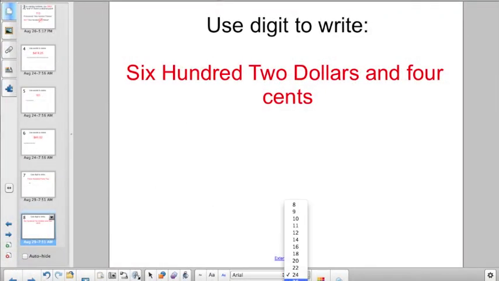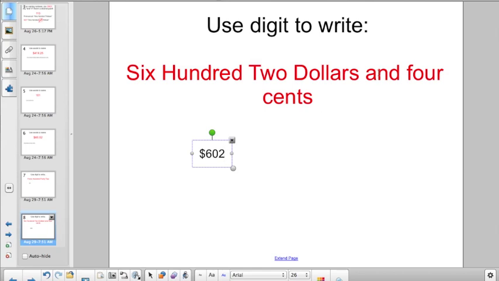Using digits to write. Here I have $602 and 4 cents. How am I going to write $602 and 4 cents? Well, I better start with the dollar sign, right? And now 602, because 602 is 6 100s, 0 10s, and 2 1s, right? There's 602.